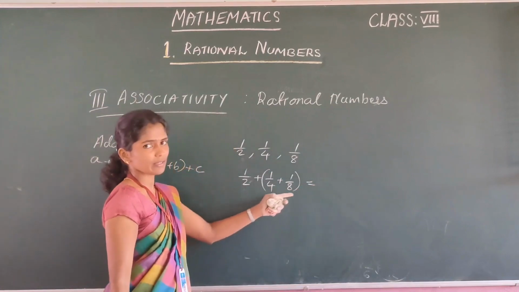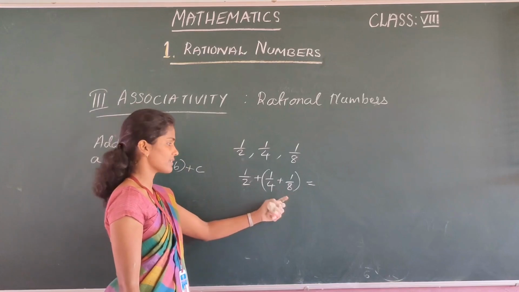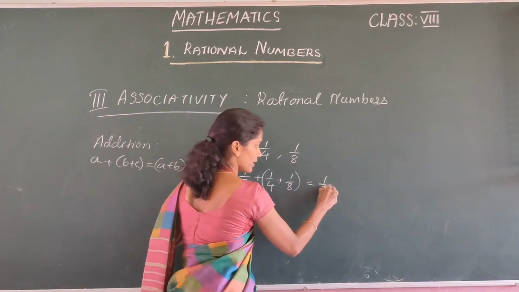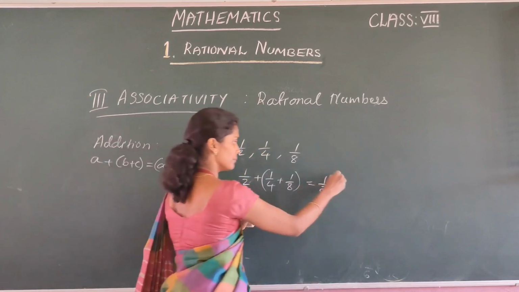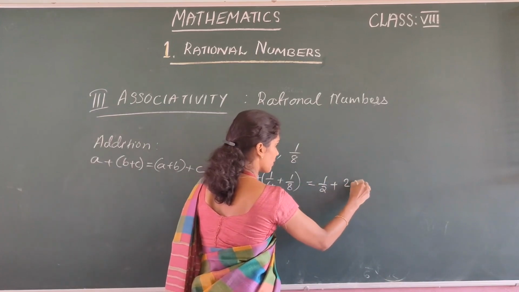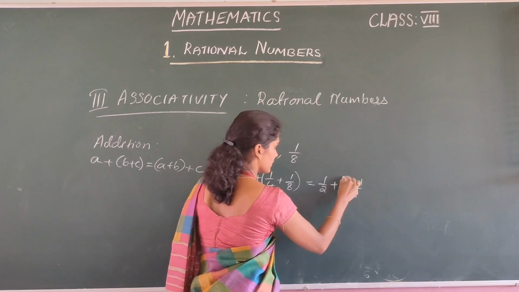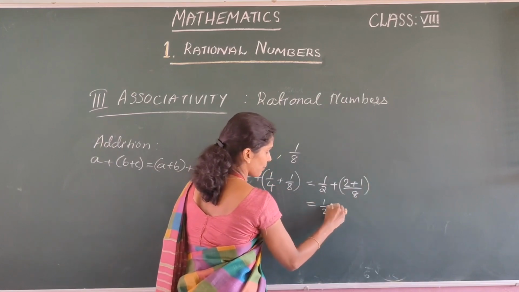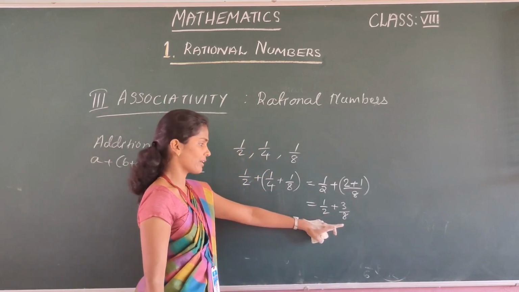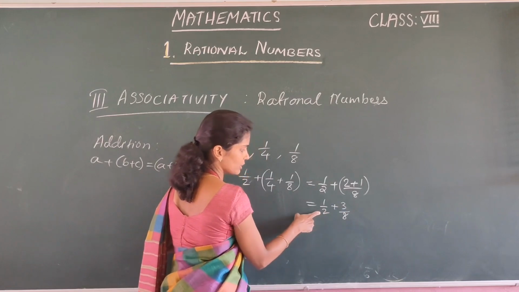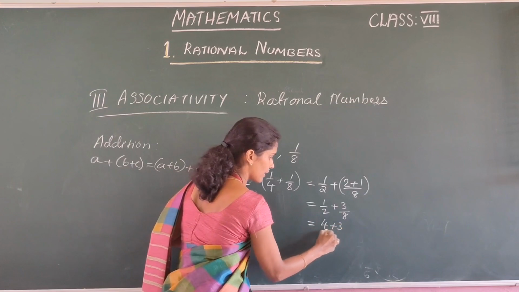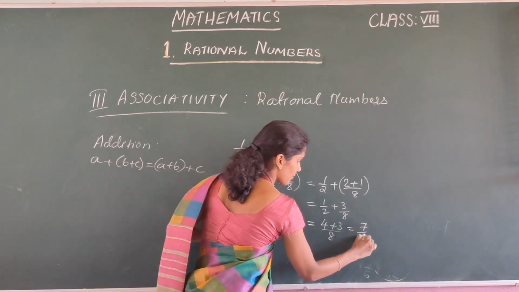Then the denominators are different, so we take the LCM, that is 8. 4 into 2 is 8, so 2 plus 1 by 8, that's equal to 1 by 2 plus 3 by 8. Here also denominators are different, so take the LCM. Multiplying 2 into 4, we got 8. So 4 plus 3 by 8, this is 7 by 8.